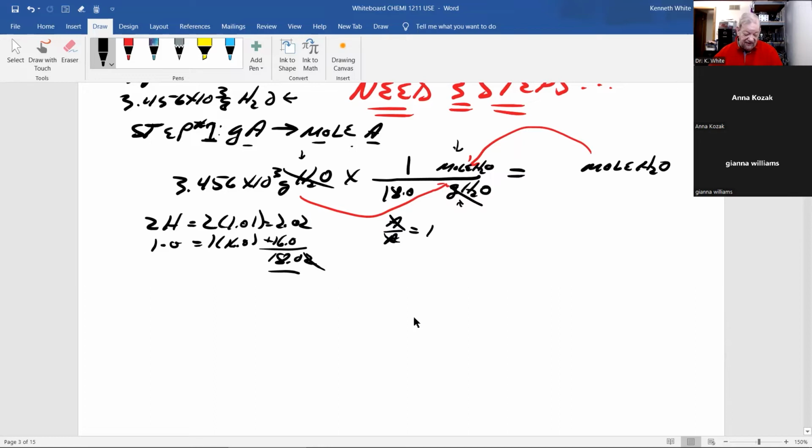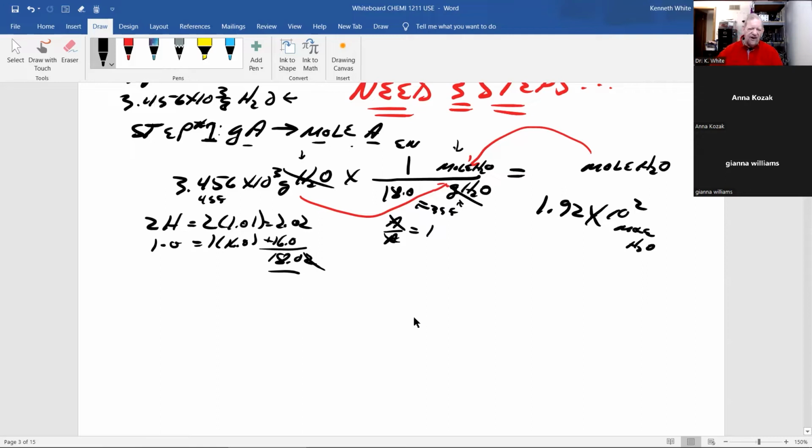And my calculator, interesting enough, gives me this number. And this is 4 significant figures, exact number, 3 significant figures, and this is 3 significant figures. So this is the number of moles of water.